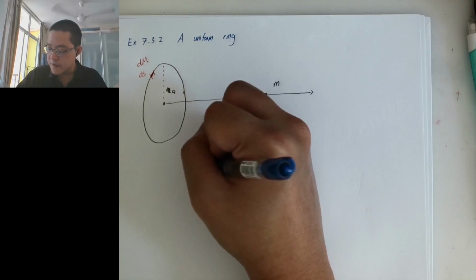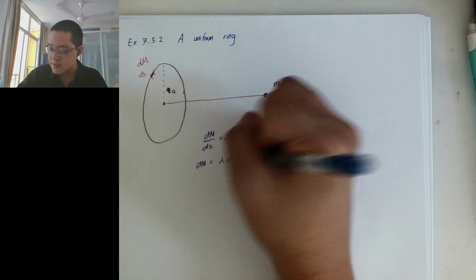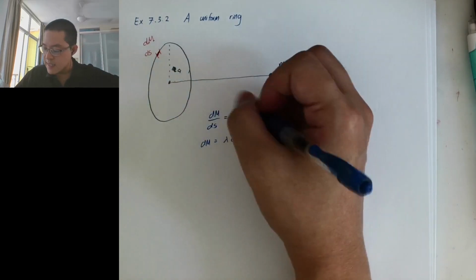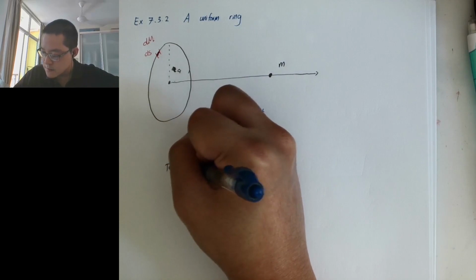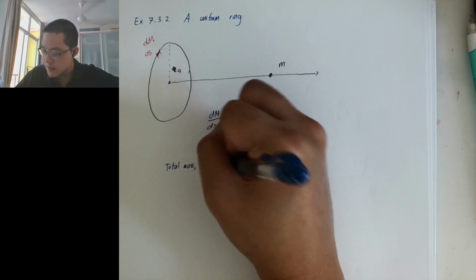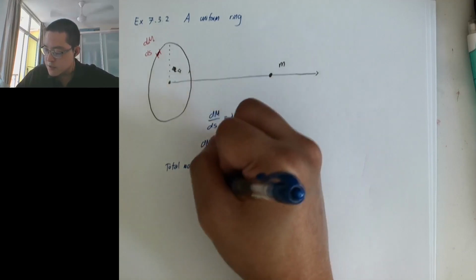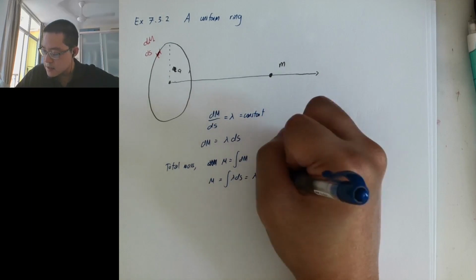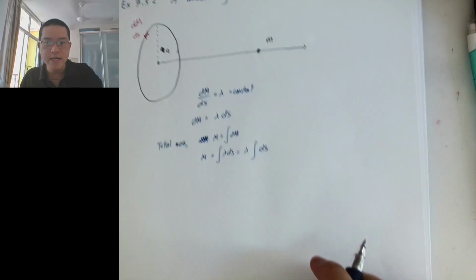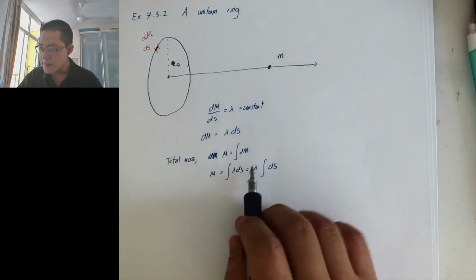So if dm is a constant, then dm is lambda ds. To get the total mass, m is the integral of dm, which is integrating lambda ds, and lambda is a constant.